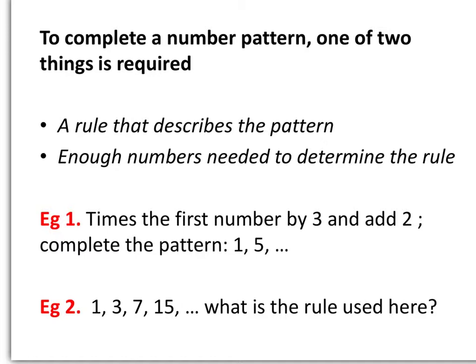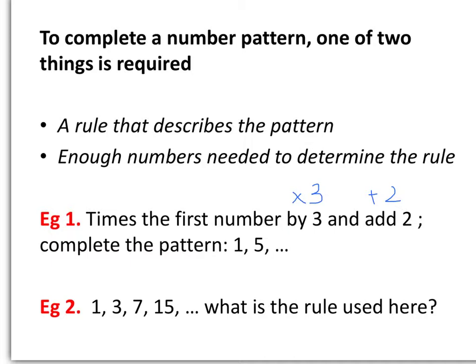Example 1 is an example where we're given the rule and asked to fill in some more numbers. So the rule says, times the first number by 3 and then add 2. So we can see we've started with 1, we've done 1 multiplied by 3, which gives us 3, we've added on 2 to get our second number, which is 5.